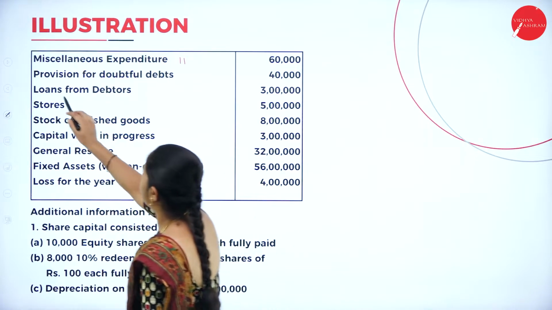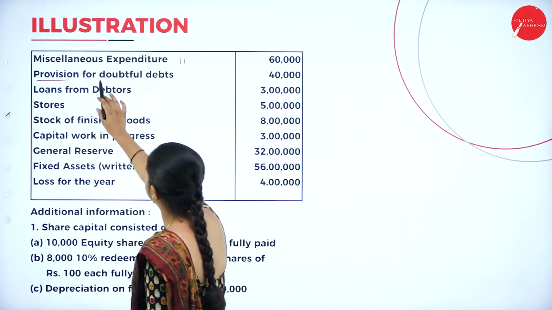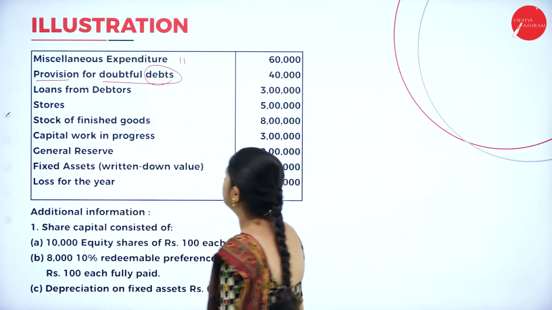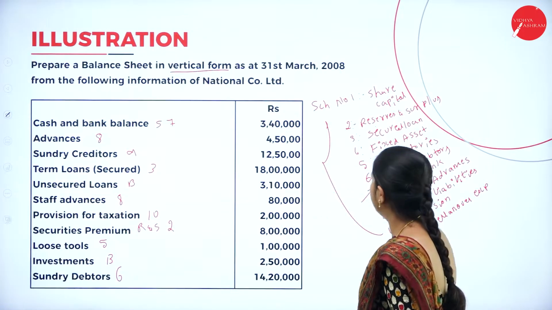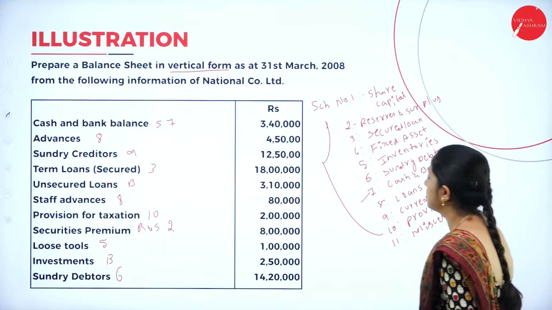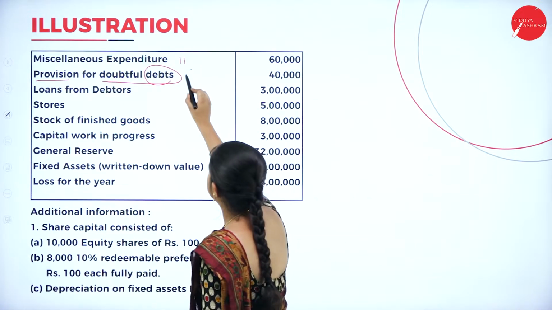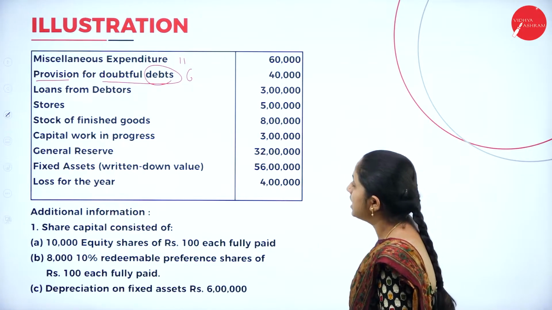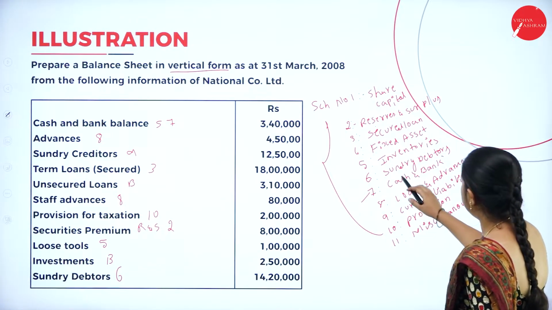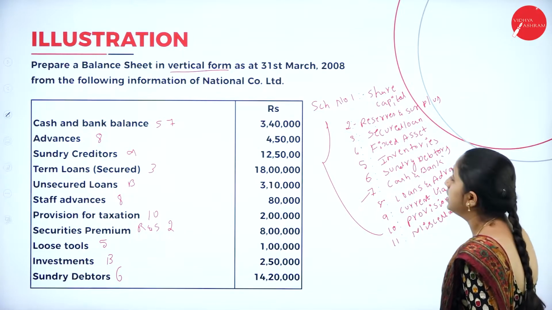Even though this is a provision, it is the provision for debtors. That means provision for doubtful debt is related to sundry debtors, so schedule 6. Loans from debtors come under current liability, so schedule 9.